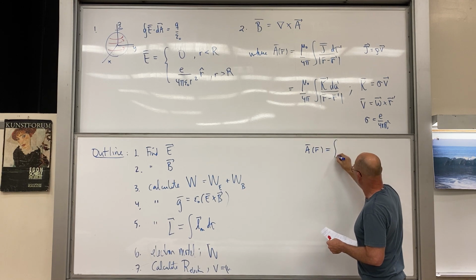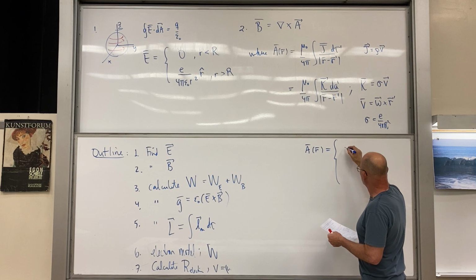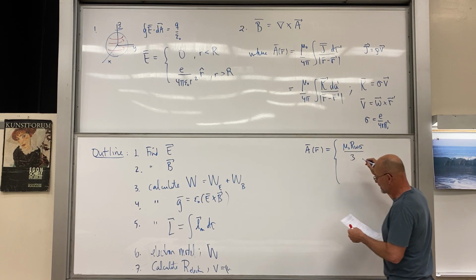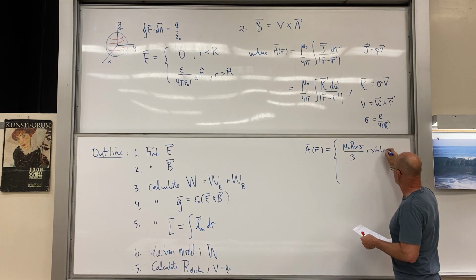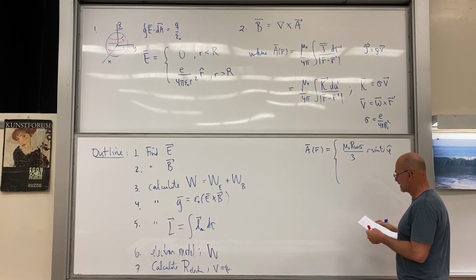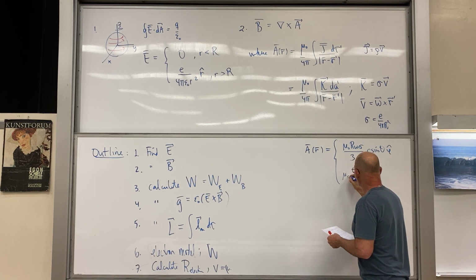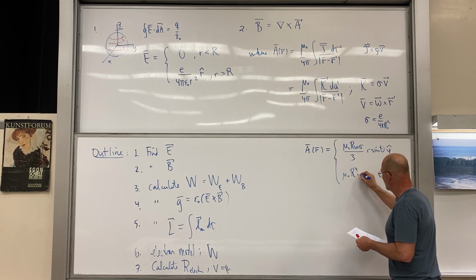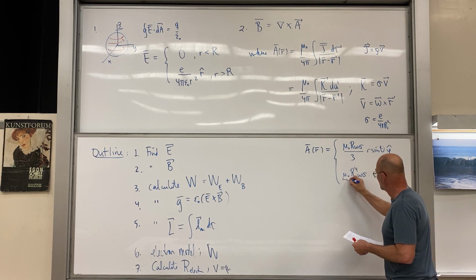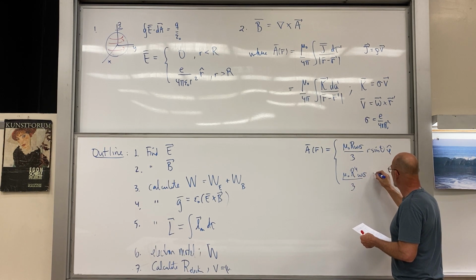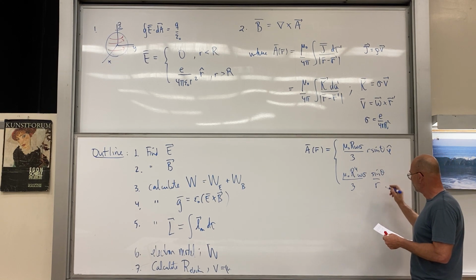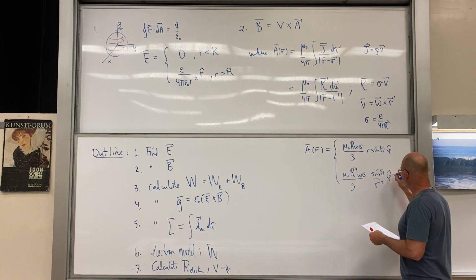We get, inside and outside, mu naught omega sigma over 3 sine theta phi hat, and mu naught r to the 4th omega sigma again over 3 sine theta divided by r squared phi hat again.